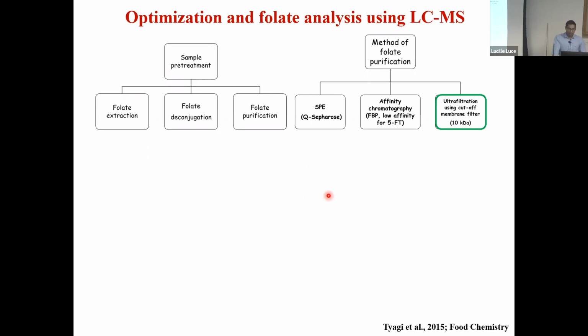Alpha-amylase, protease, and conjugase are the most commonly used enzymes. Alpha-amylase and protease break down the carbohydrate and protein substances to release the bound folate, and conjugase breaks the polyglutamate tail to a monoglutamate tail for folate analysis.